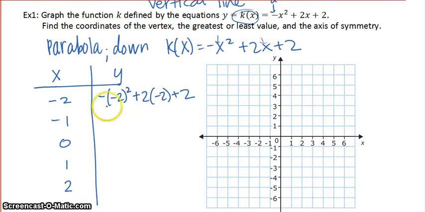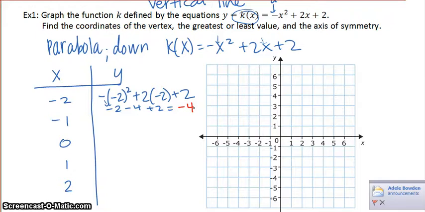Order of operations says that we have to square the -2 first. -2 times -2 is a positive 4, but now it's going to be negative because of this negative right here. And then 2 times -2 is -4, plus 2. So -4 minus 4, that's -8 plus 2, which gives me -6. Okay, so my first coordinate is -2, -4, and I'll plot that in just a second.